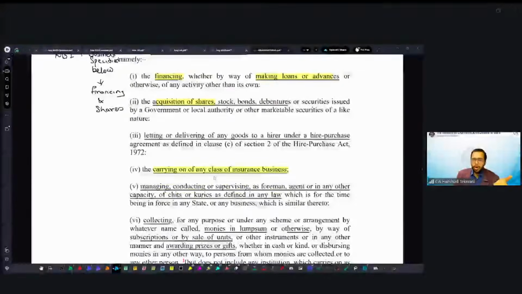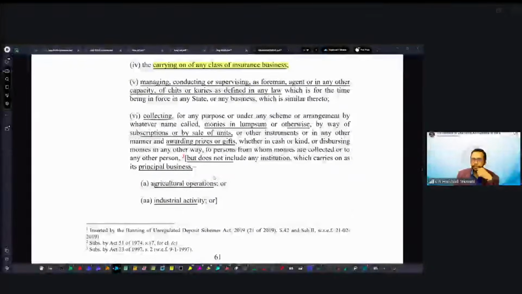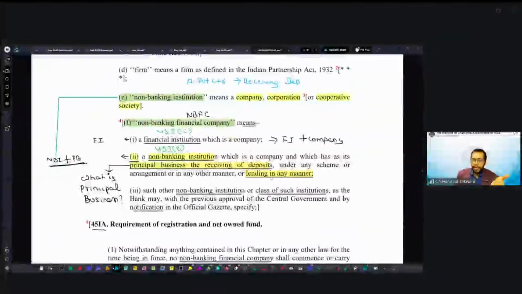Acquisition of shares, carrying on any class of business. But where? We are talking about receiving deposits in this NBFC. So, how will you then call that A Private Limited an NBFC?